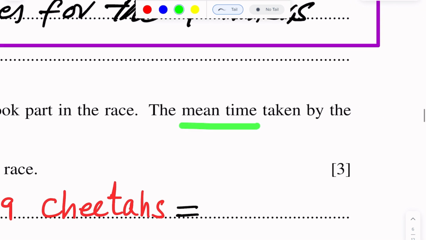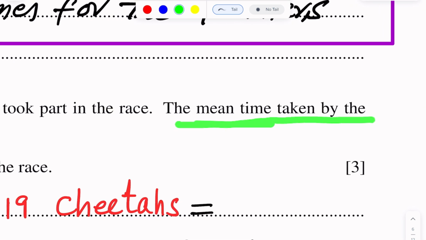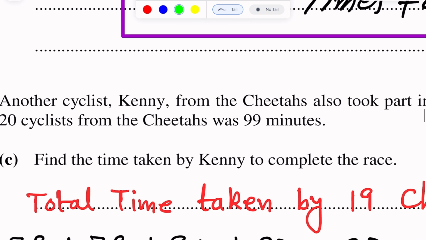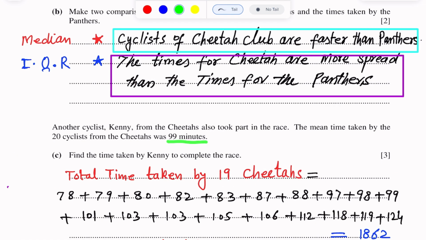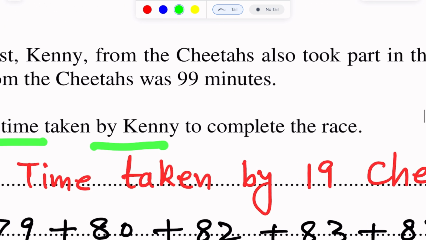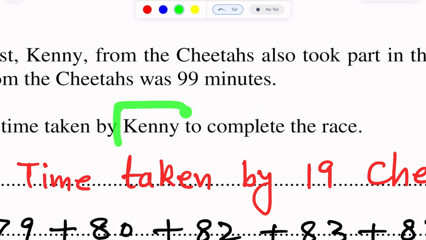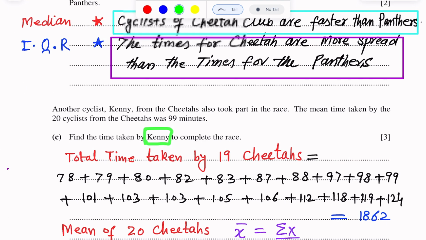So the mean of 20 cyclists is given, that is 99 minutes. Find the time taken by Kenny to complete the race. Kenny is the 20th cyclist.